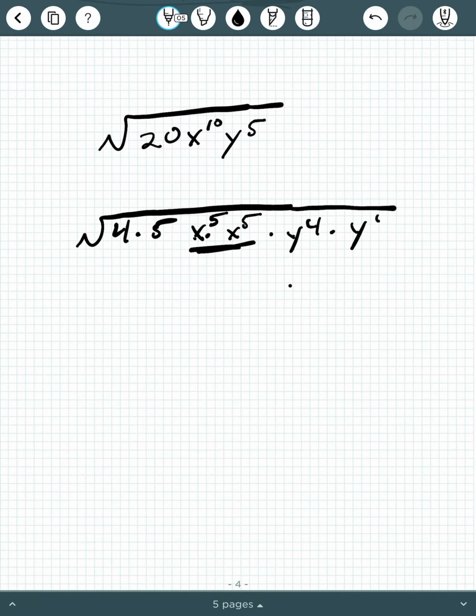All right, now pulling out all the square roots that we can, 4 has a square root of 2. X to the 5th times x to the 5th has a square root that is x to the 5th.